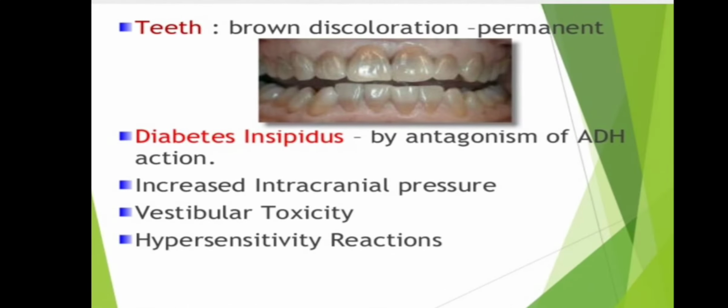Then another is the teeth, that is permanent brown discoloration. Because of this particular antibiotic, brown discoloration can happen in the teeth. Next is diabetes insipidus, by the antagonism of ADH, antidiuretic hormone action. So this diabetes insipidus can occur.